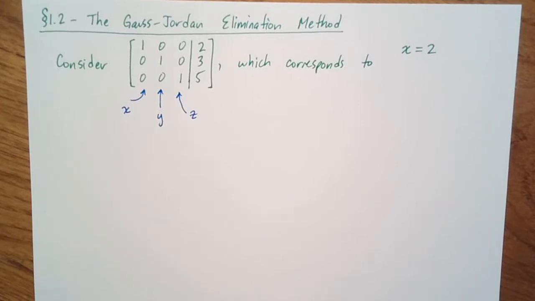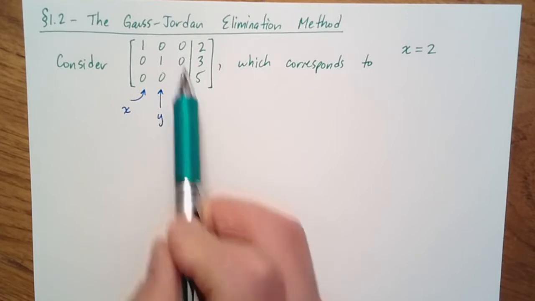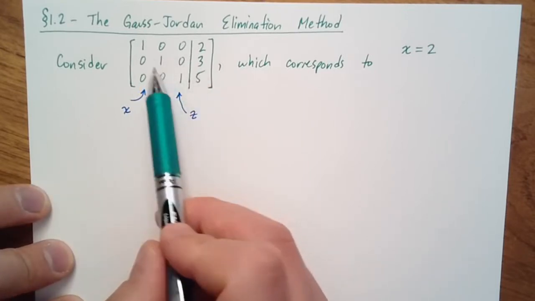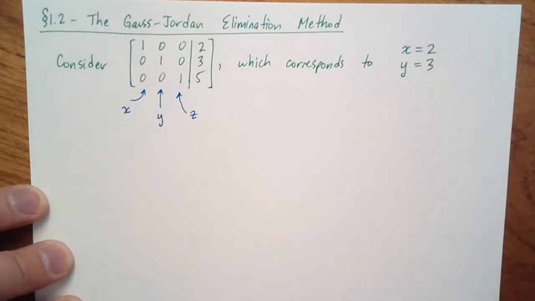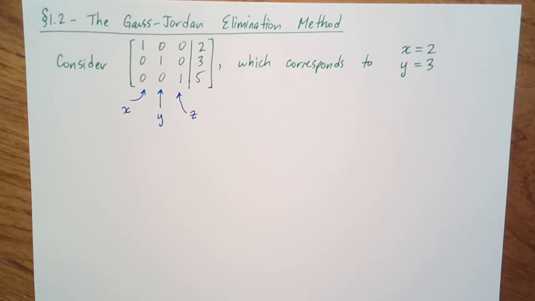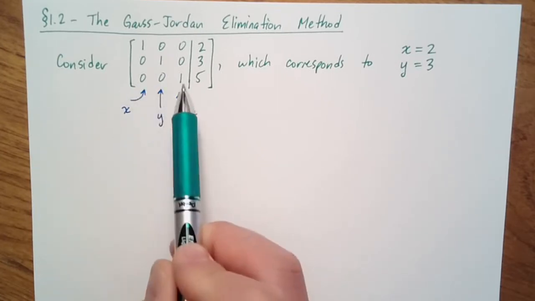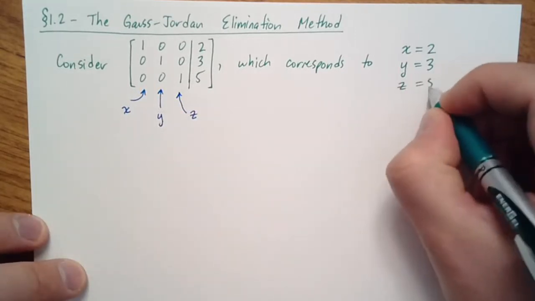Now the second equation would be 0 times x, 1 times y, and 0 times z equals 3. So that would just be y equals 3 because of this 1 here. So the second equation corresponding to the second row would just be y equals 3. And the third row corresponds to the equation 0x plus 0y plus 1z equals 5. So really we would just have z equals 5.